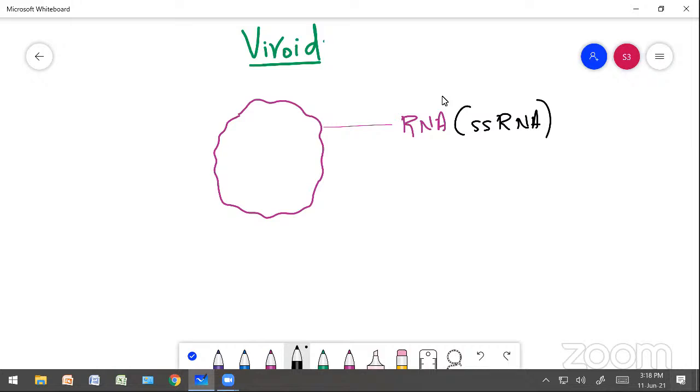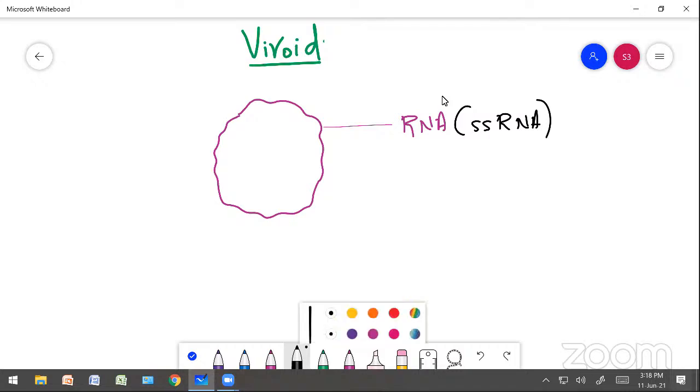It is not protected by a capsid. Whereas in Prion we discussed the outer covering is a capsid or proteinous substance in which we can see the core material, that is RNA. Here, RNA is only present without any capsid. So the capsid is totally absent, right?